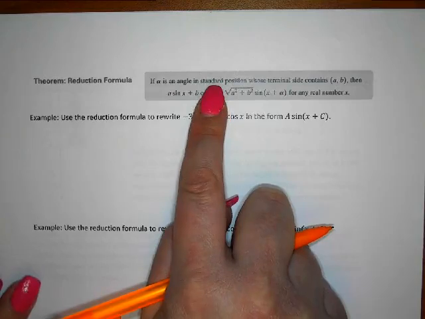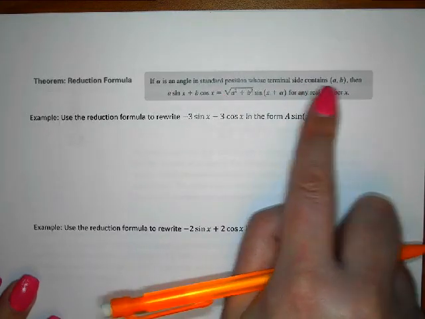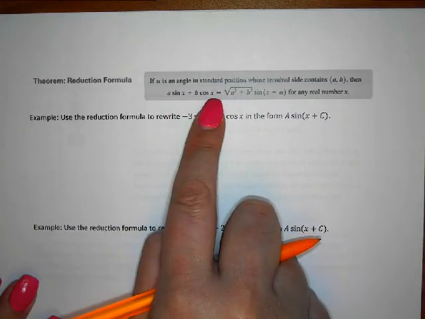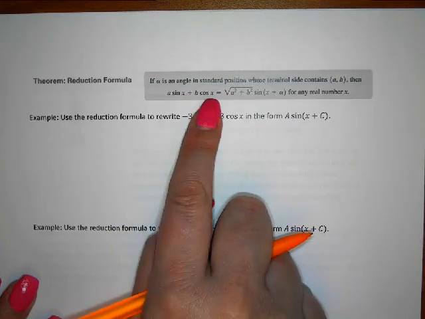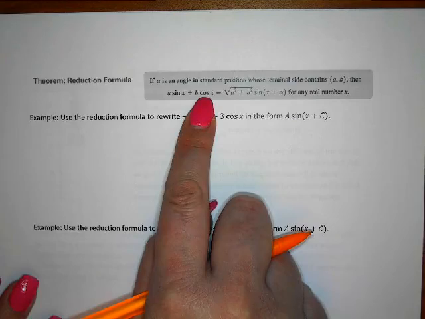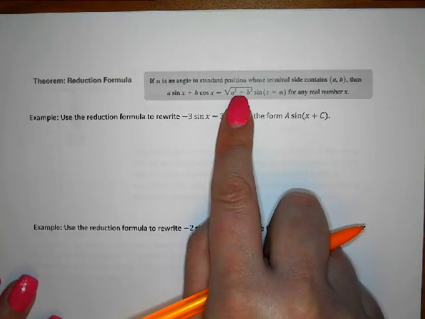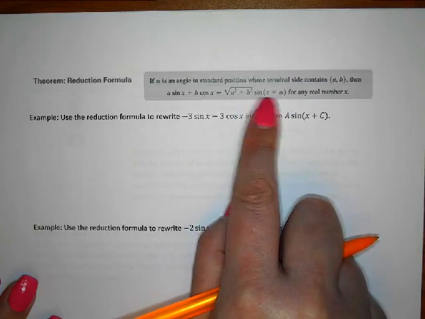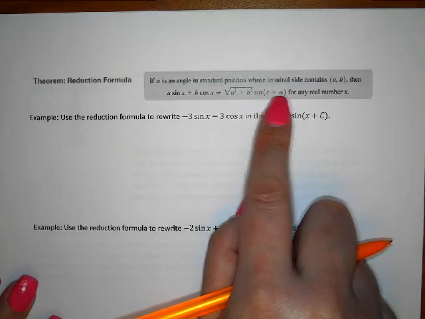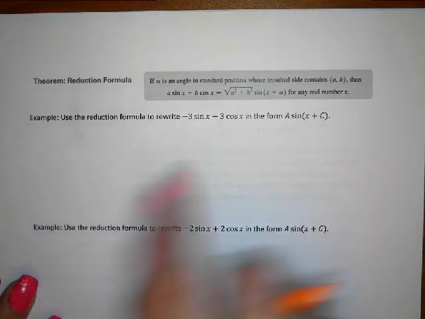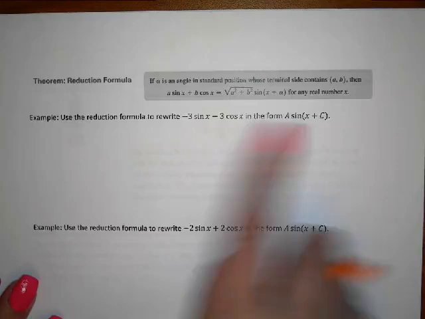The terminal side contains the point (a, b). Then a times sine x plus b times cos x, so you notice this is an equation in terms of sine and cos, which we haven't really seen before, equals the square root of a squared plus b squared times sine of x plus alpha, for any real number x. So we're imagining these are two equations that you would be graphing.